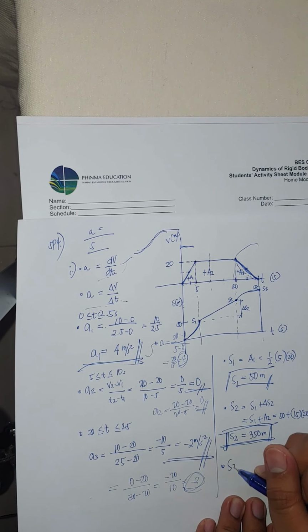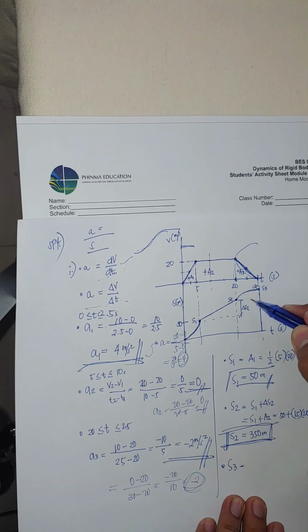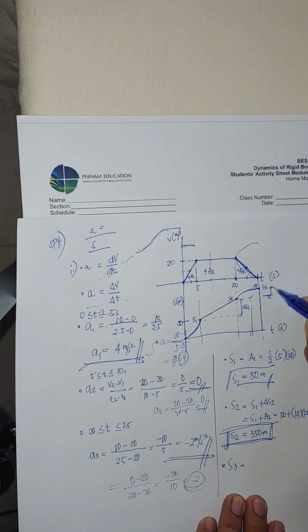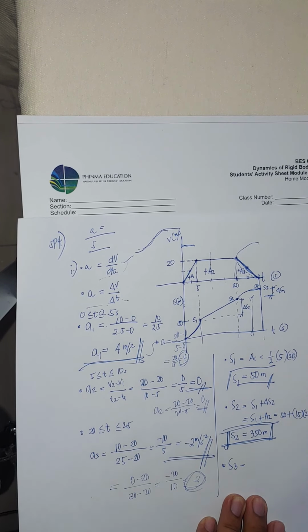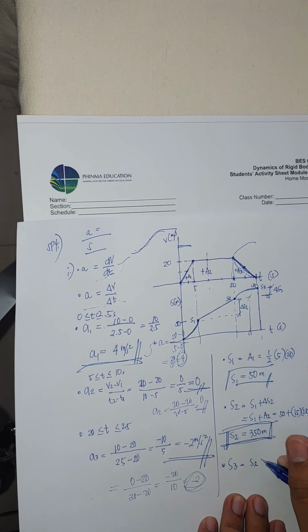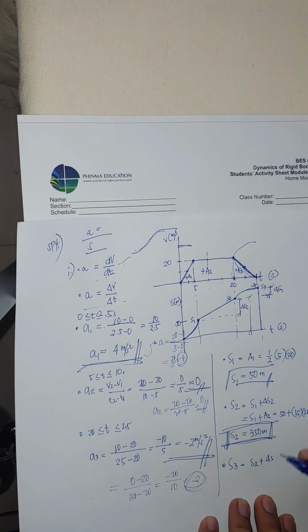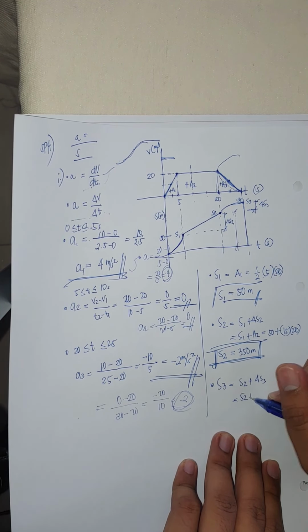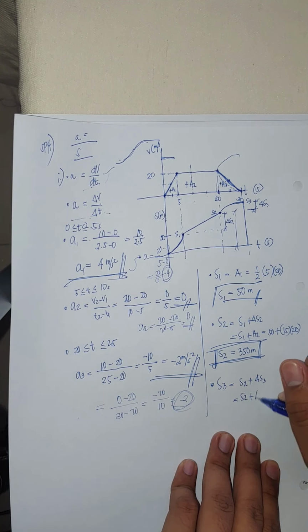Then our S3 is just this, right? S2 plus this delta S3. So S2 plus delta S3. We know that delta S3 is just equal to area 3.